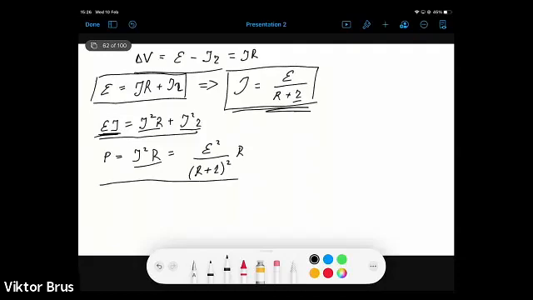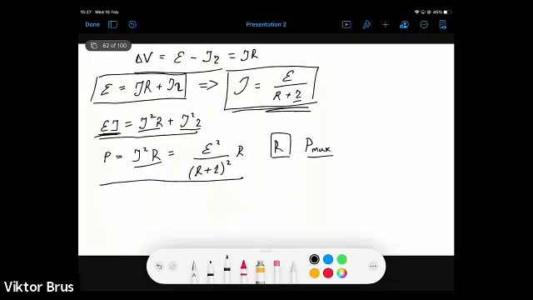Okay, so now we want to know at which resistance, which load resistor we need to pick and connect to the battery in order to get the maximum value of the electric power dissipated on this load resistor.